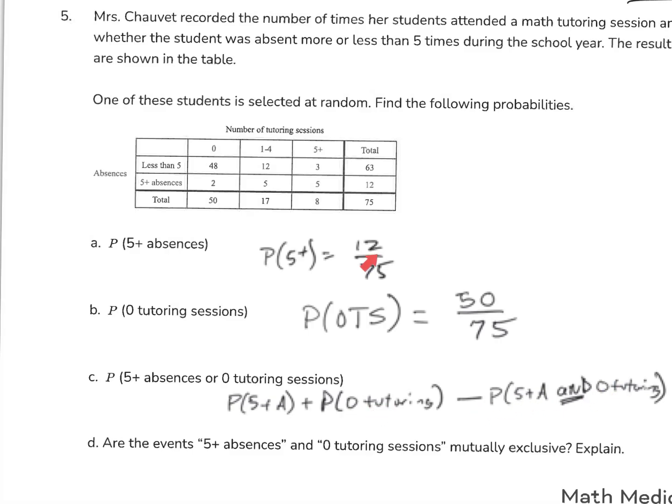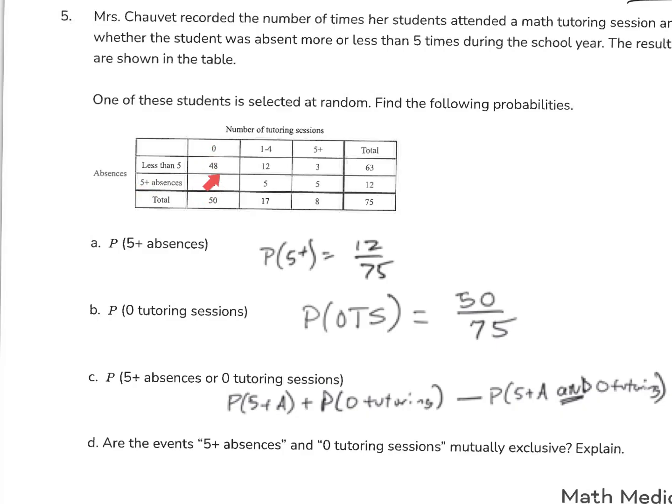So I've already got 12 out of 75 plus 50 out of 75. That is 5 plus absences plus 0 tutoring sessions. I've got those two numbers. And I'm going to subtract the probability of 5 plus absences and 0 tutoring sessions. 5 plus absences is here, 0 tutoring sessions is here.